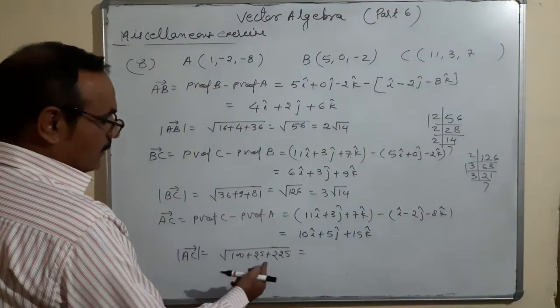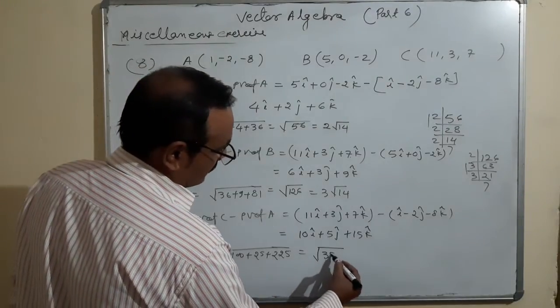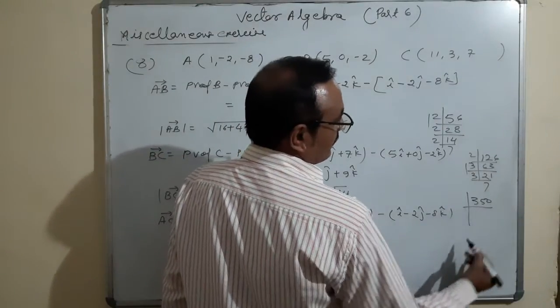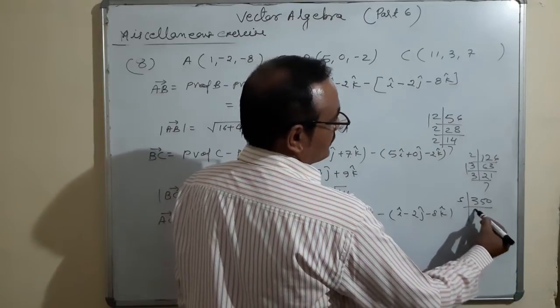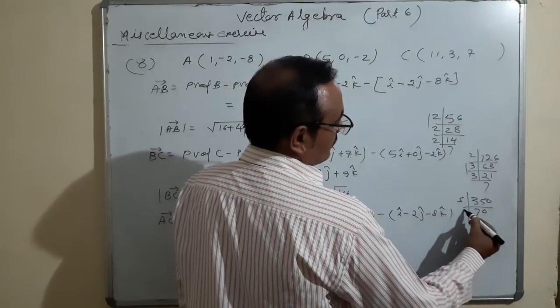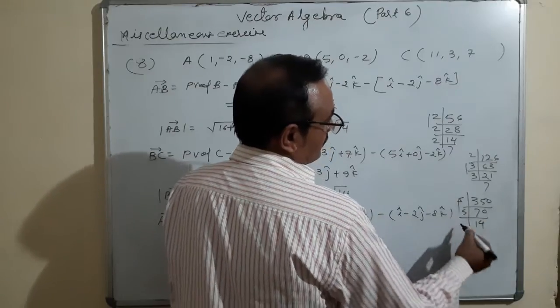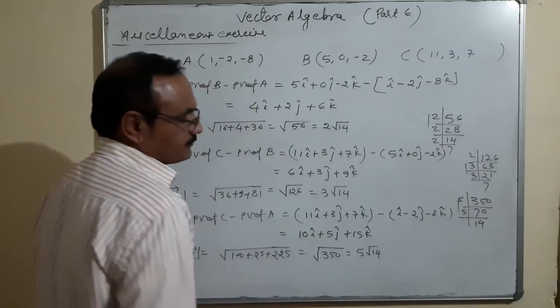So 225 plus 25 is 250, and 100 more, 350. Prime factor of 350: divide by 5, 5 times 7 is 35, again 5, 5 times 14 is 70. So it is 5 under root 14.